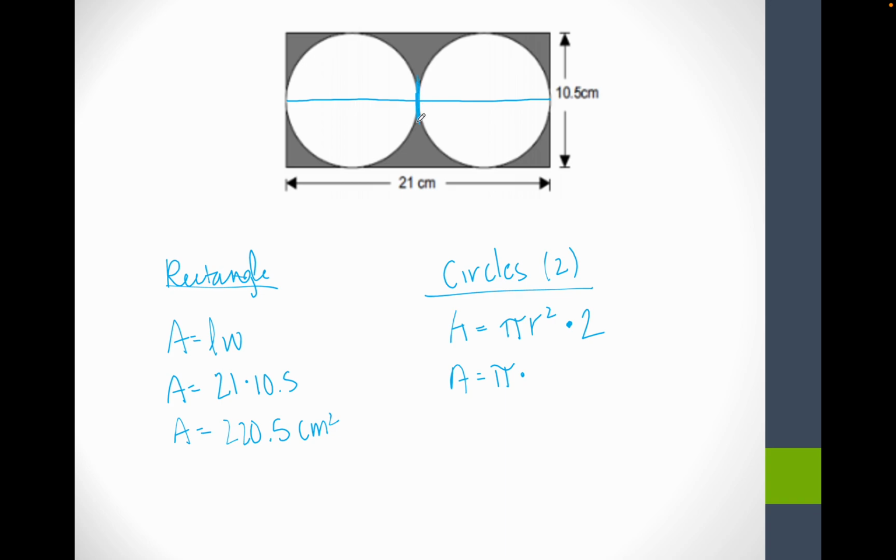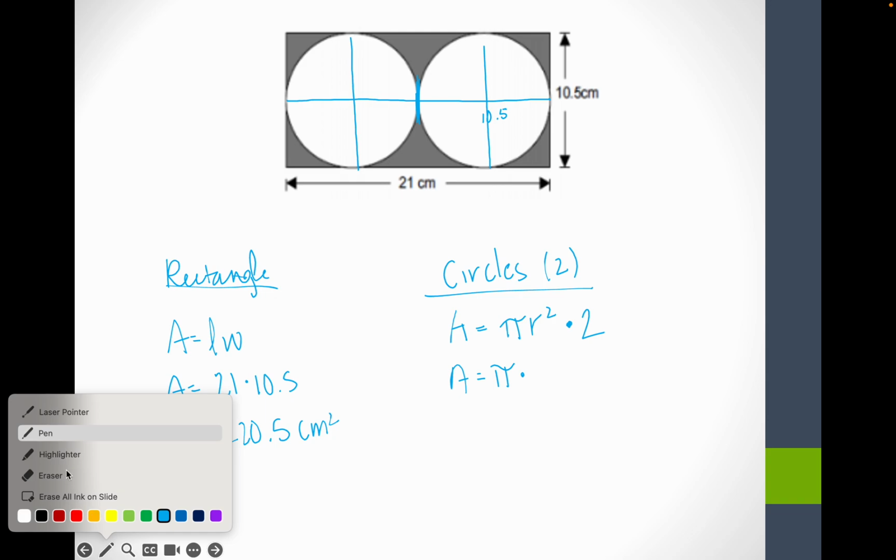Half of that would go across one circle, which is 10.5. It happens to be the same as this way if you look at it this way. The distance straight across the circle, the diameter, is going to be the same in any direction, as long as you're going straight through the middle.